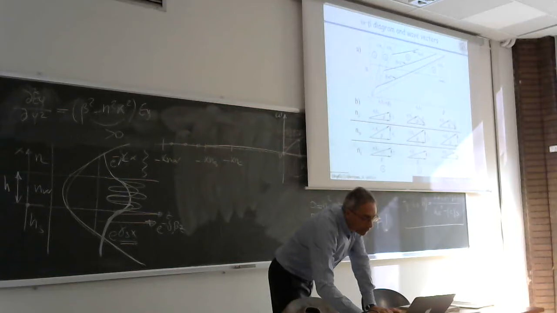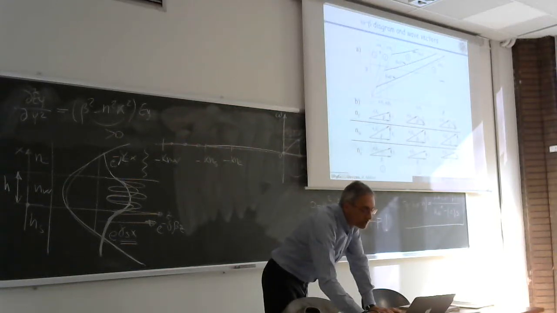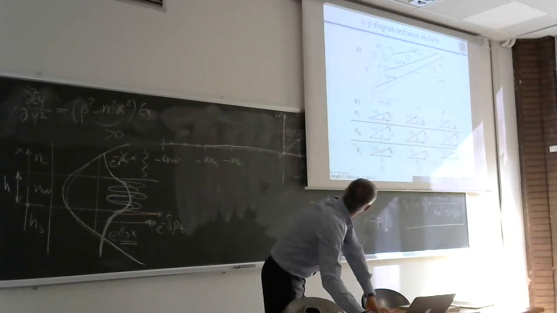This is omega, and this line, this one, and this one have a slope of c, speed of light, divided by the refractive index of the material. So this is the speed of light divided by the refractive index of the cover, of the substrate, and the waveguide. So your solution stays along this line.